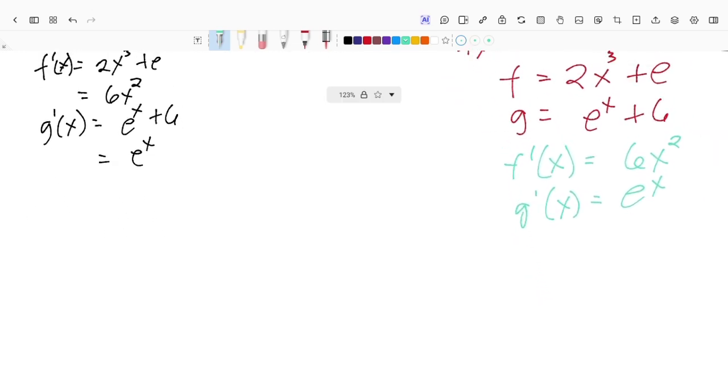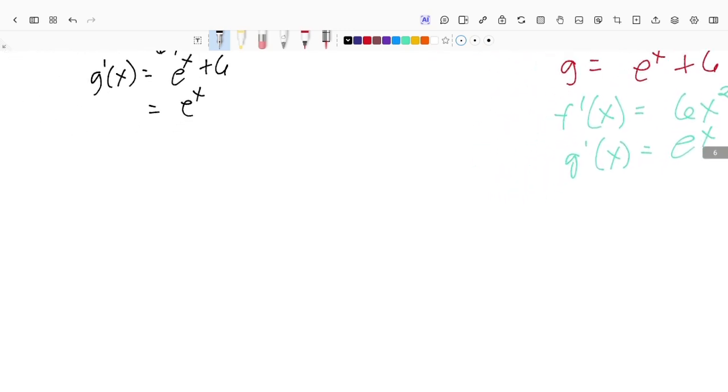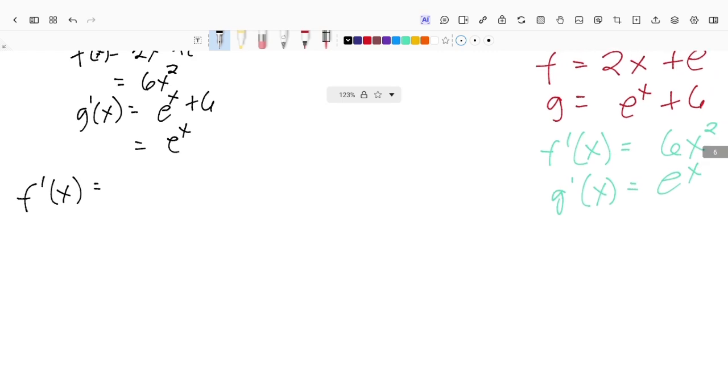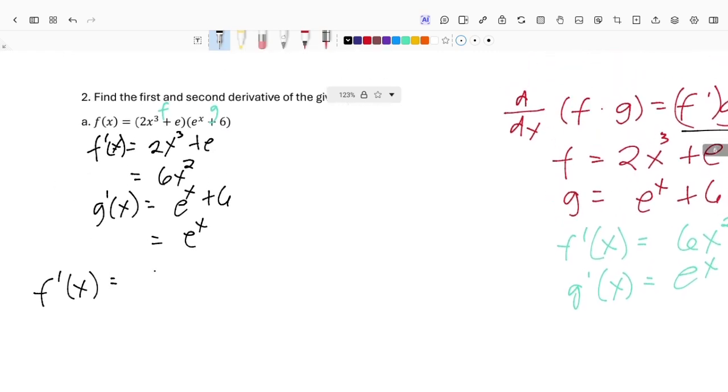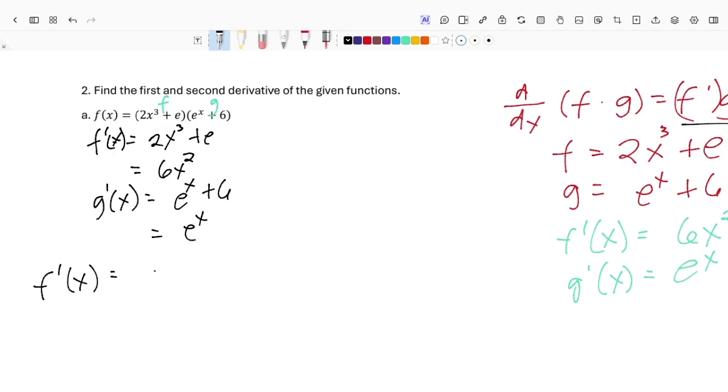Now let's go back to our original equation. No, this should be f prime. It's g prime.